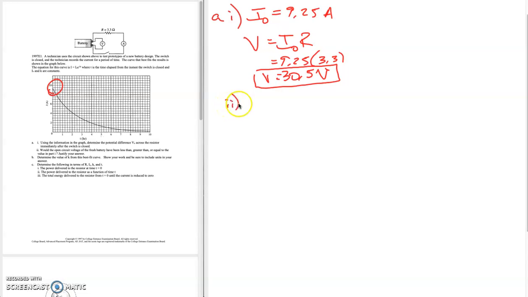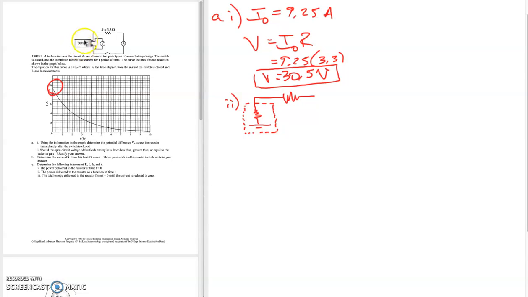All right, part 2, open circuit voltage versus in use. So if we have an actual battery, it is going to have some small internal resistance. So our circuit, or at least this part of the circuit, I won't bother to draw the whole thing.